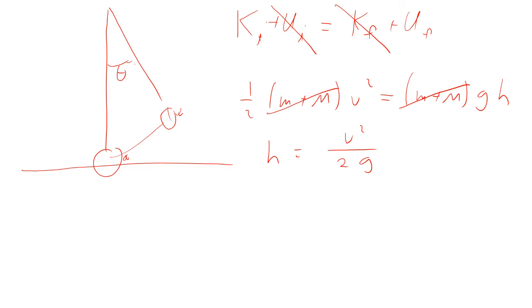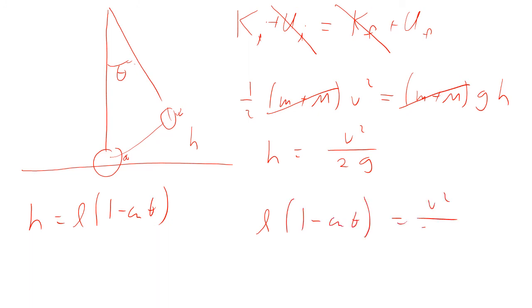Okay, so we've got that. Well, then wait a minute. What is the height? Well, the height is the same thing. It's L times (1 minus cosine theta). So what we have here is L times (1 minus cosine theta) equals v squared over 2g. So 1 minus cosine theta equals v squared over 2gL.